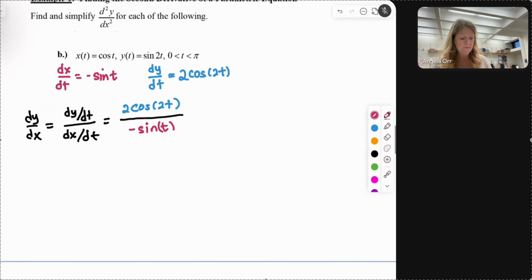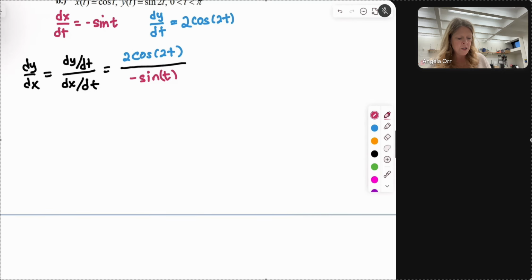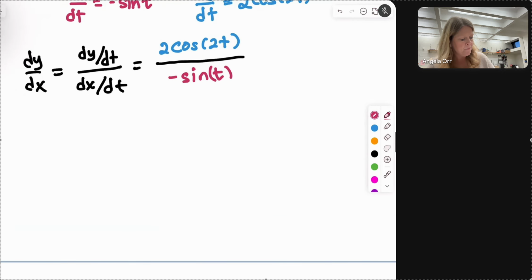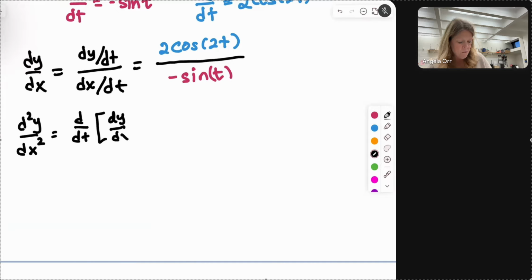All right, and so now that I have dy dx, if I go and try to find my second derivative, for my second derivative of y with respect to x, that's going to be the derivative with respect to t of the first derivative divided by dx dt.